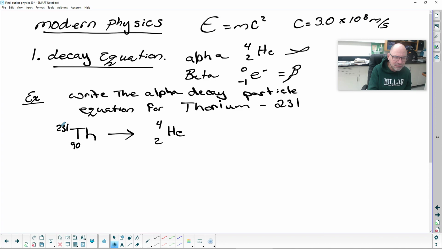Then you have to find out what the missing element is. So 231 minus 4 is 227, and 90 minus 2 is 88. So to get the proper symbol, you would look up element 88.